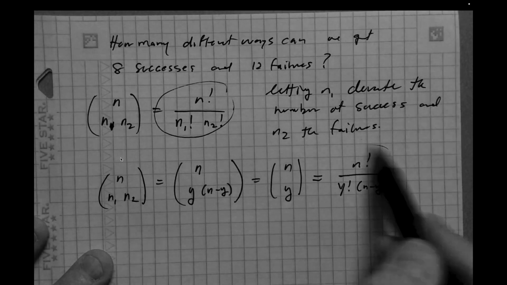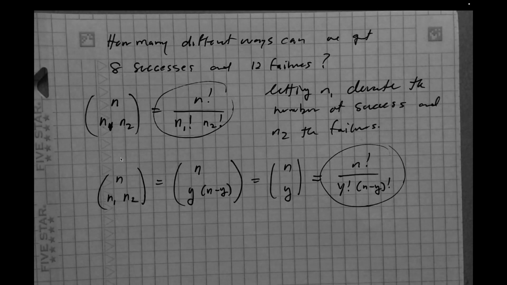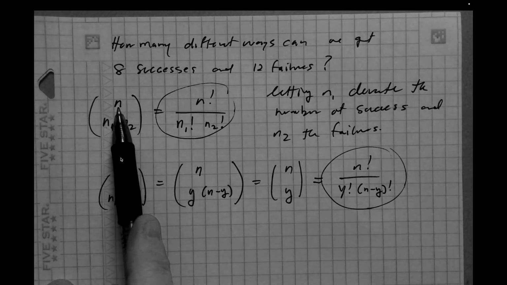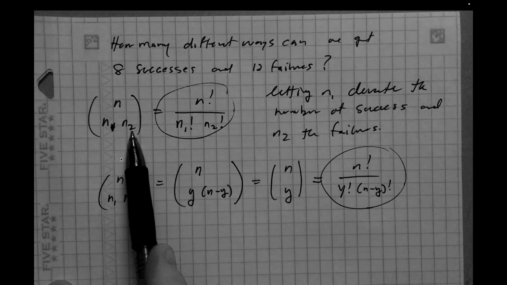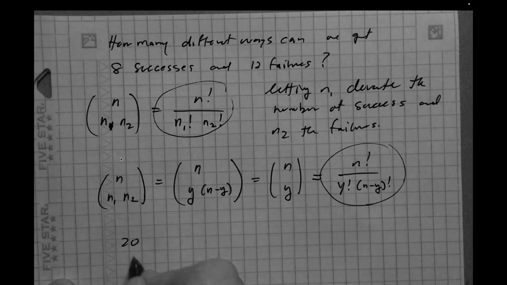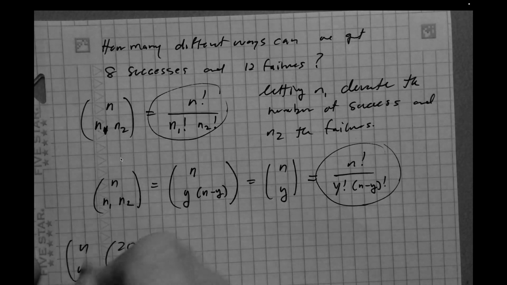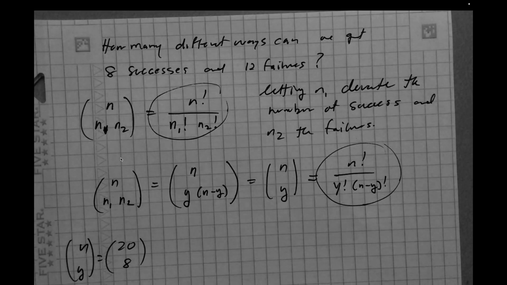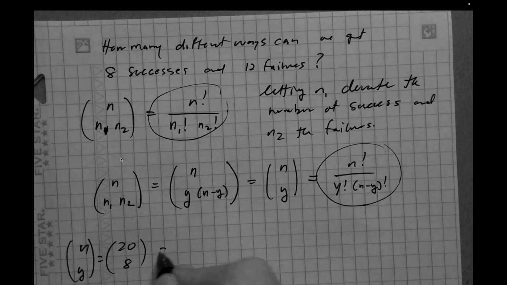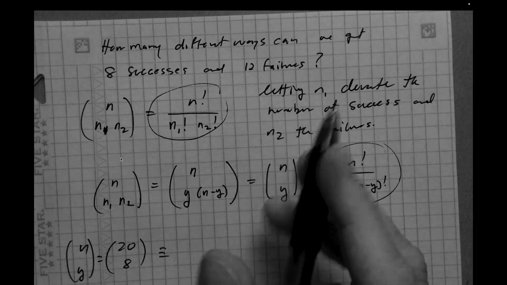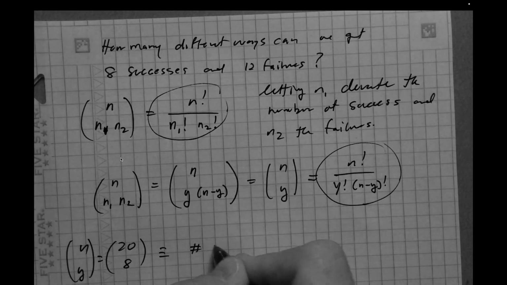So this format and this format are the same. And so instead of writing 20 choose 8 and 12, what we'll write instead is 20 choose 8. Right? When you only have two groups, then the other group just defaults. So we'll write N choose Y. In this case, 20 choose 8. And so this is the number of ways to get 8 successes and 12 failures.